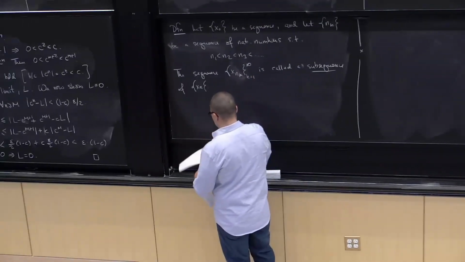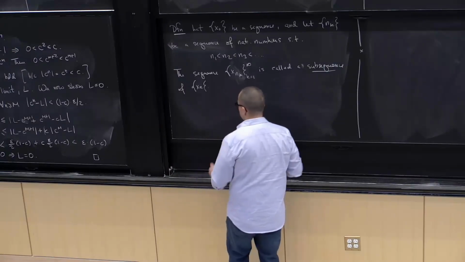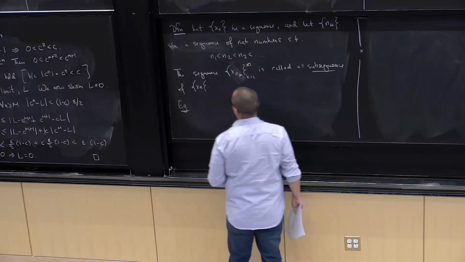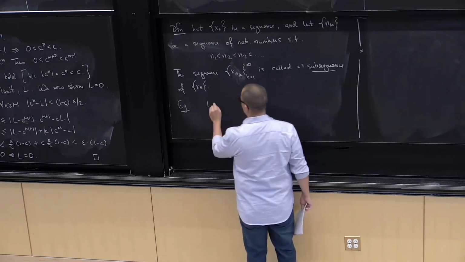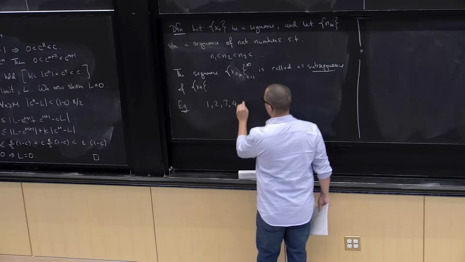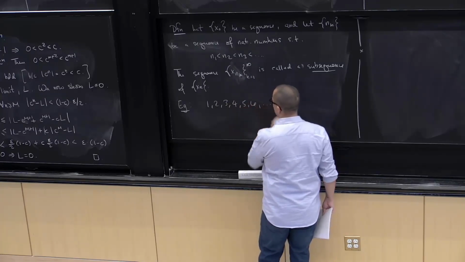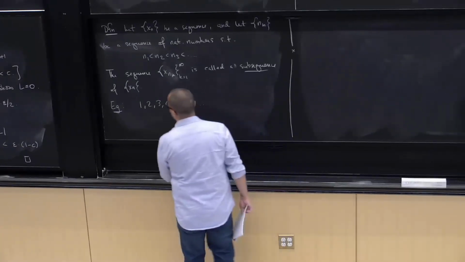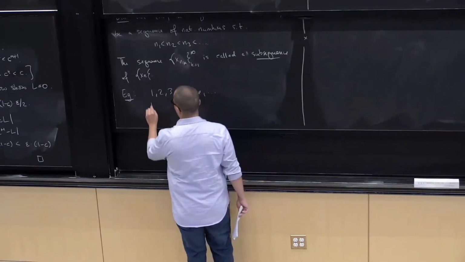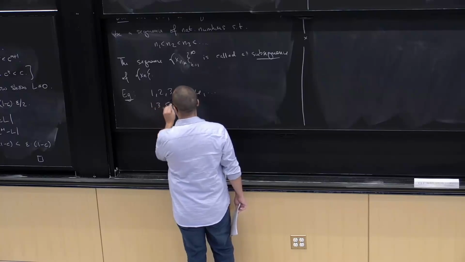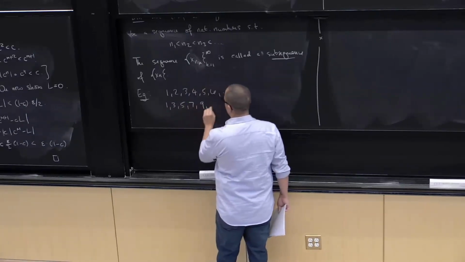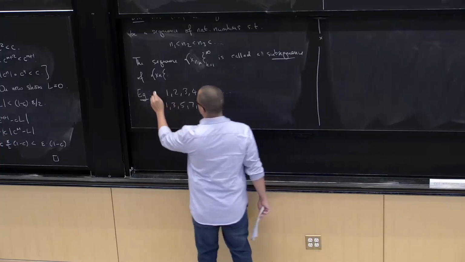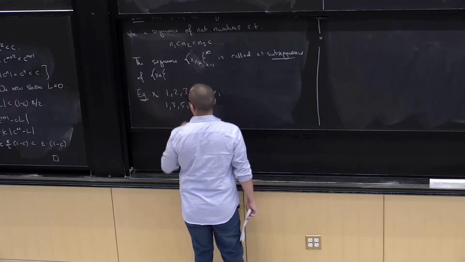So let me give you some examples and non-examples. For example, if our original sequence is 1, 2, 3, 4, 5, 6, and so on, what would be examples of some subsequences? The odd numbers, 1, 3, 5, 7, 9, and so on. You see how I'm taking the original sequence, so this is x sub n.